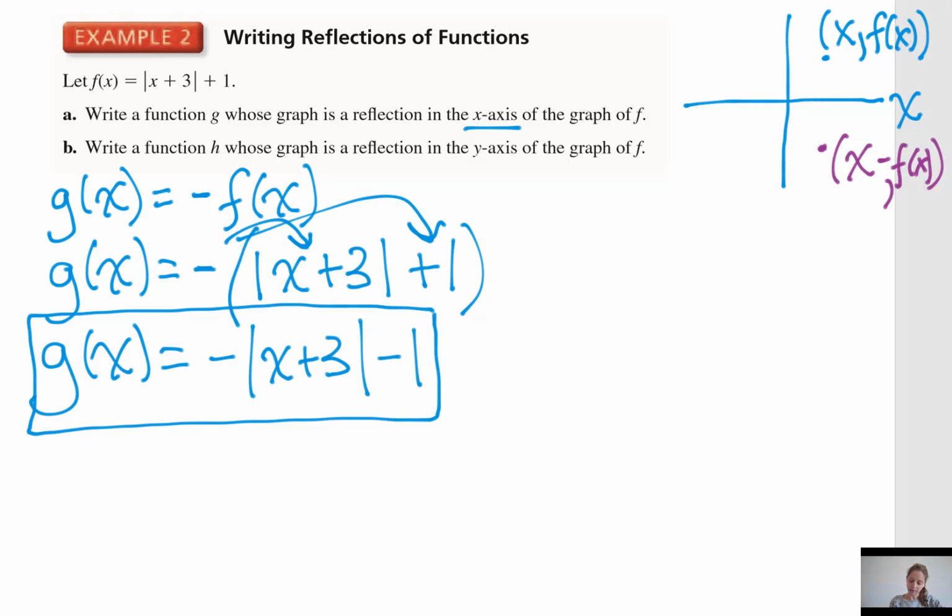Now, B, write a function h, I know it's going to be h of x, whose graph is a reflection in the y-axis of the graph of f. So I'm going to go back to this original point. If I have this point x comma f of x, and I want to reflect over the y-axis, the only thing that changes is the x value. F of x stays the same. So I'm going to do f of negative x.